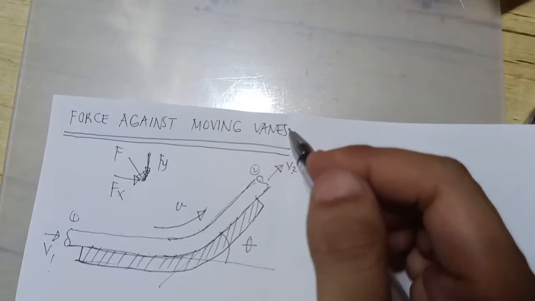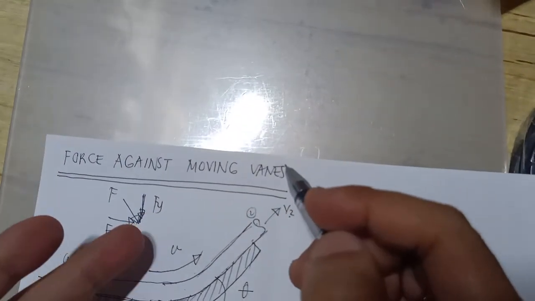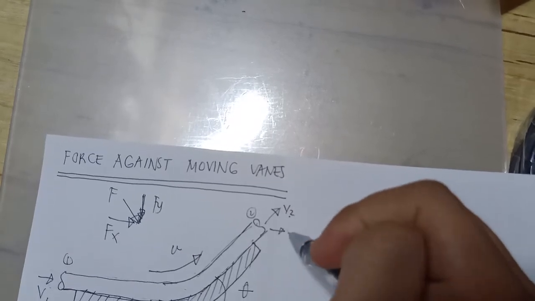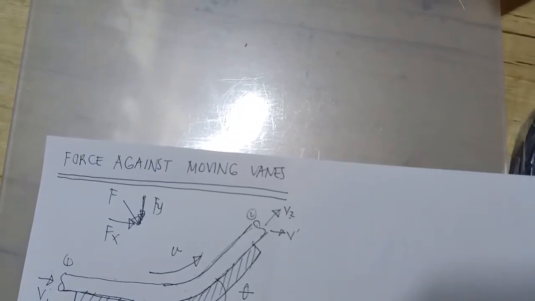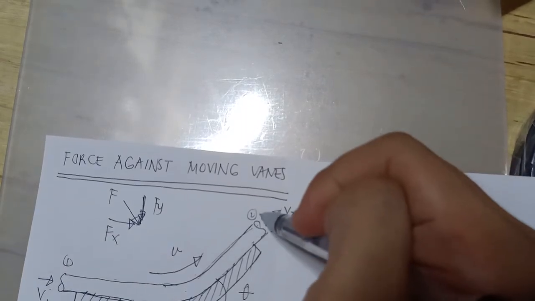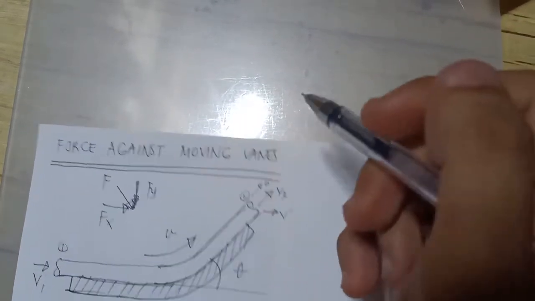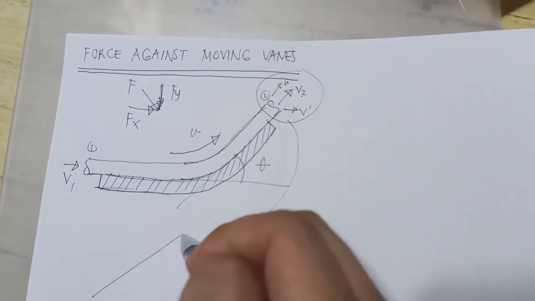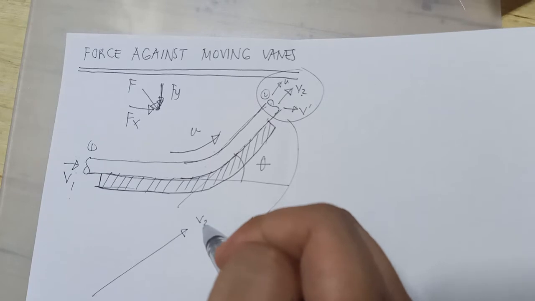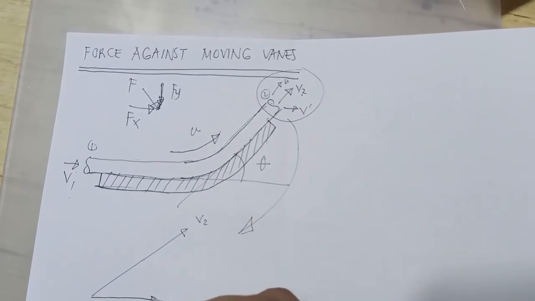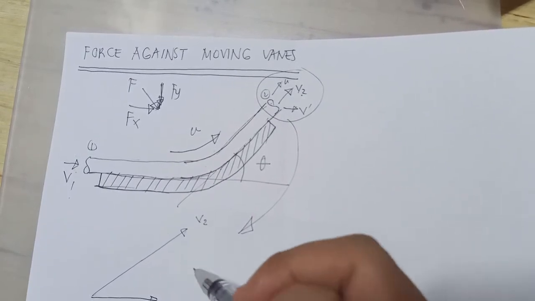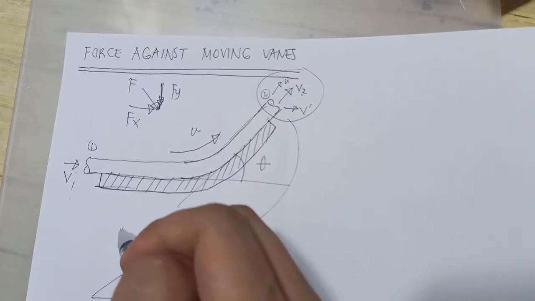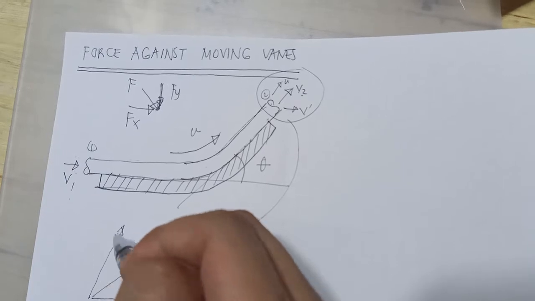But think of this: if there is U, or the relative velocity, there is also what we call V prime, as well as this one, U. If we blow this up, the drawing looks like this. V sub 2, this is V prime, and this is the U.